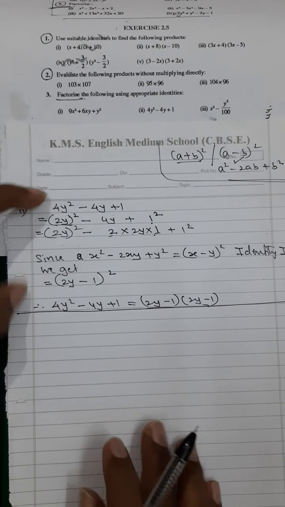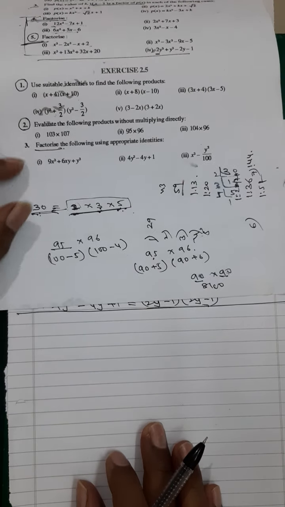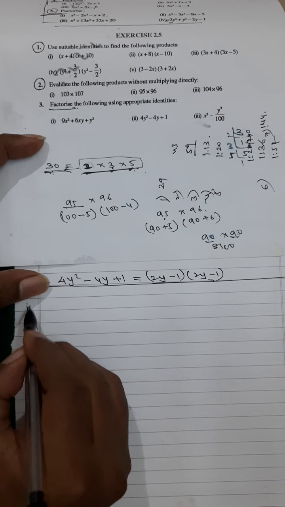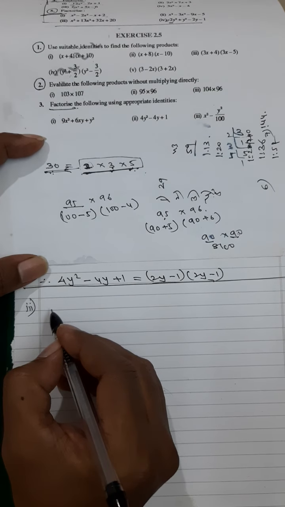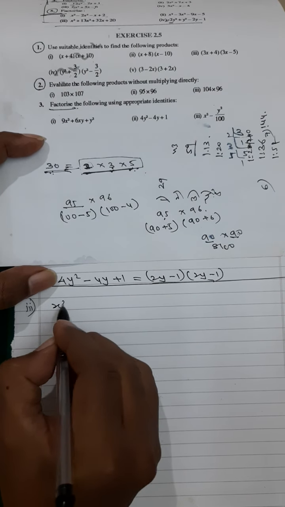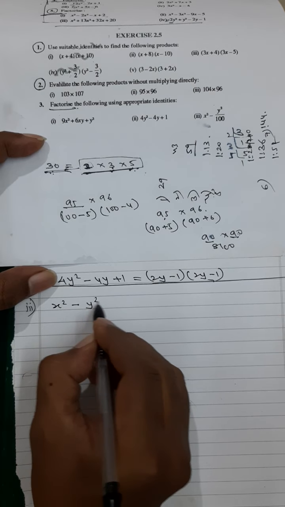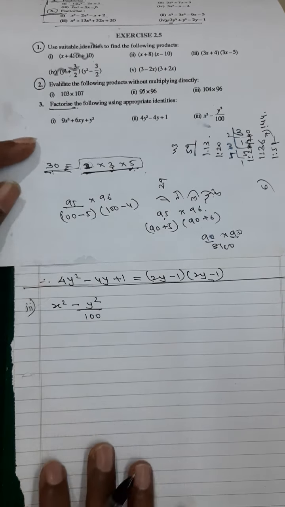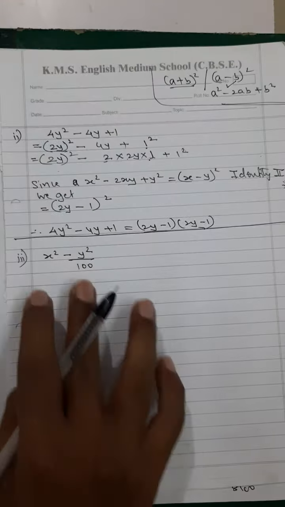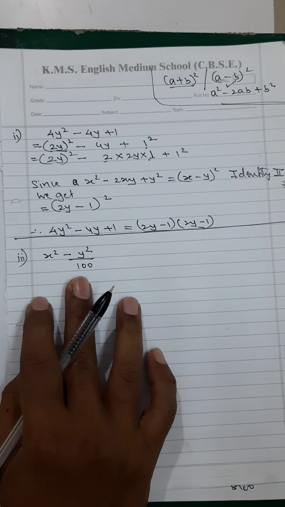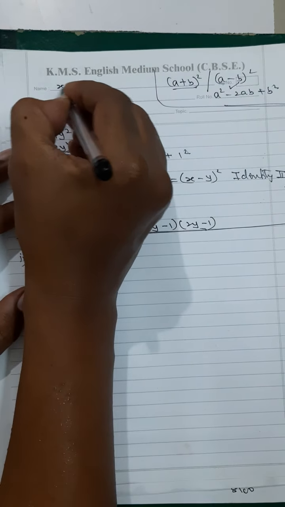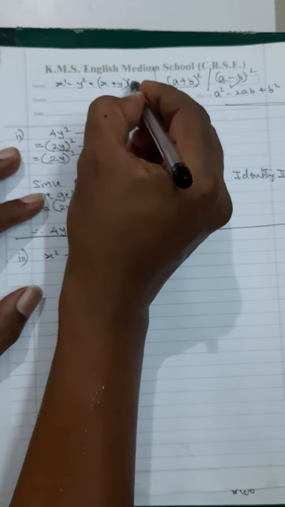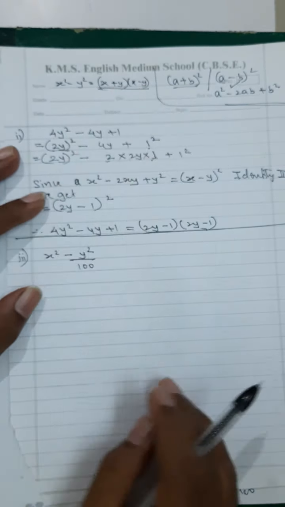So the last one, question number 3, is basically x square minus y square upon 100. See, now this, if you will see, this is just a 2 terms, and now this you know it is basically x square minus y square is equal to x plus y into x minus y, this.